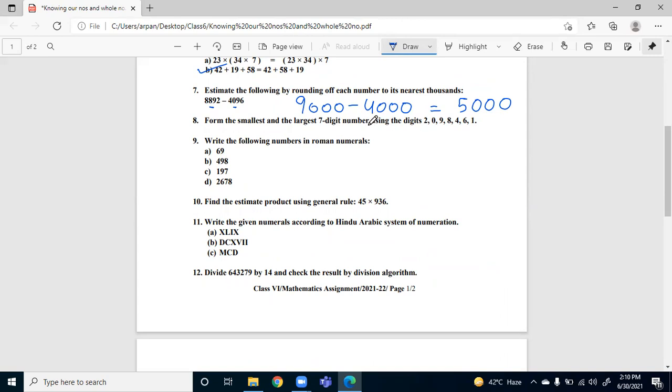You have to form the smallest and largest 7-digit number. Can Hirday tell? Yes, Hirday. Ma'am, the smallest is 1, 1, 2, 4, 6. Ma'am, it is wrong. Hirday, just check again where you went wrong. I'm giving you a second turn.